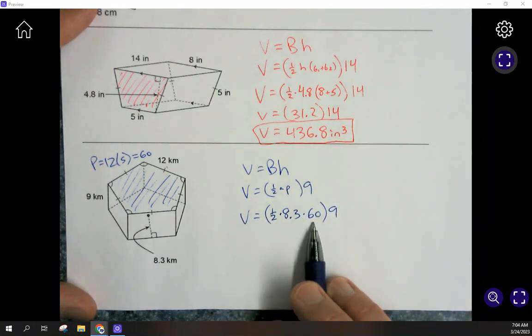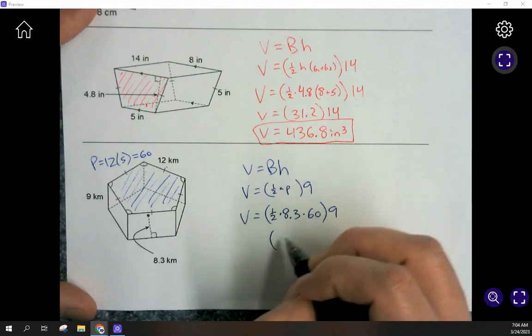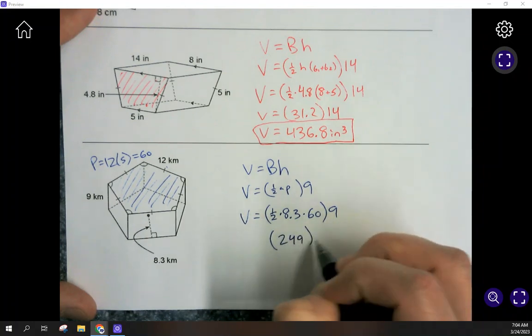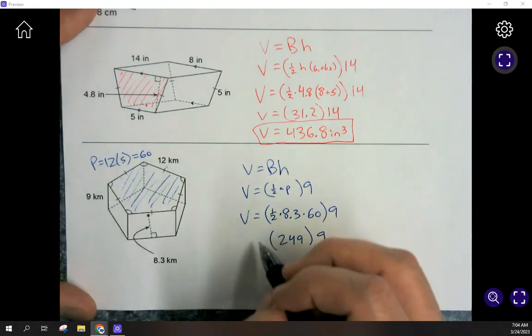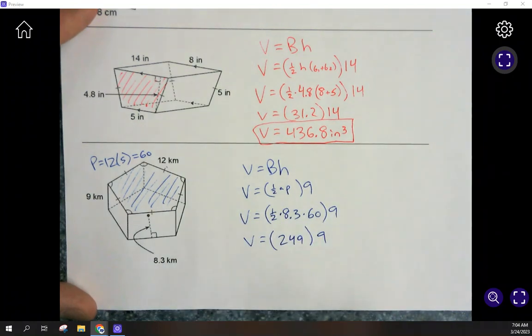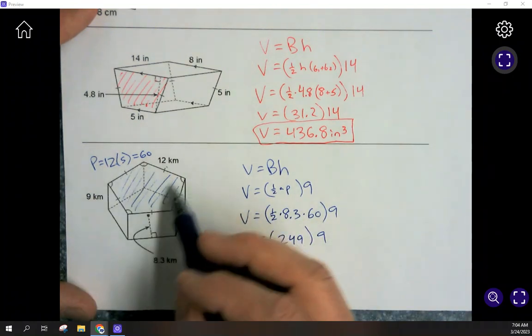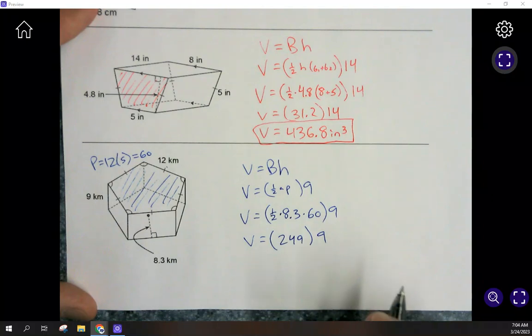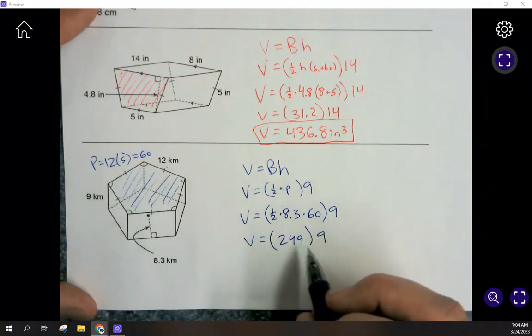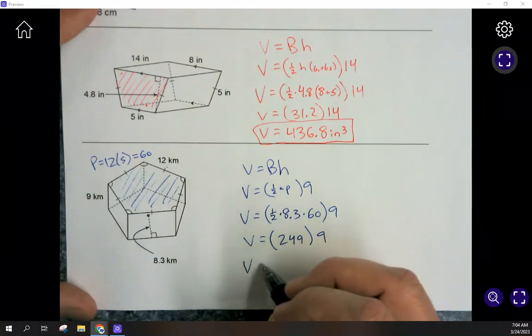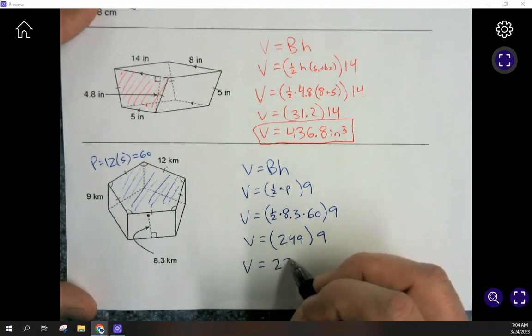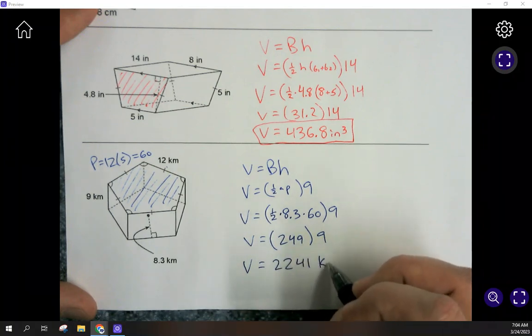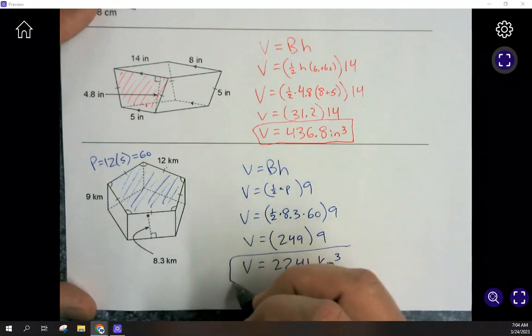So the apothem times the perimeter, take half. That comes out to 249. And I'm going to times that by the height of the three-dimensional shape of 9. So 249 represents the area of the base, the area of the pentagon in this case, times the height. Comes out to 2,241 cubic kilometers.